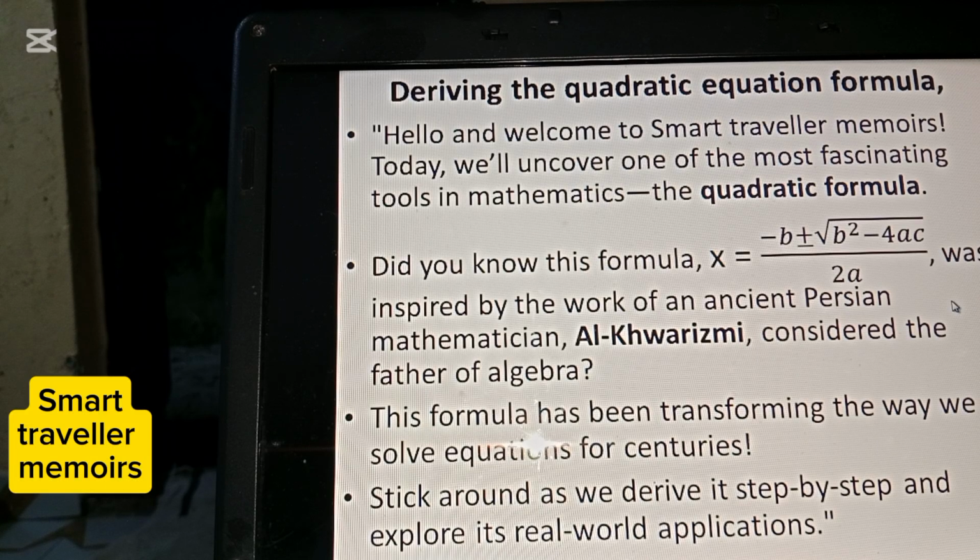Today, we will uncover one of the most fascinating tools in mathematics, the quadratic formula. Did you know this formula, x equals minus b plus or minus the square root of b squared minus 4ac all over 2a, was inspired by the work of an ancient Persian mathematician, Al-Khwarizmi, considered the father of algebra.